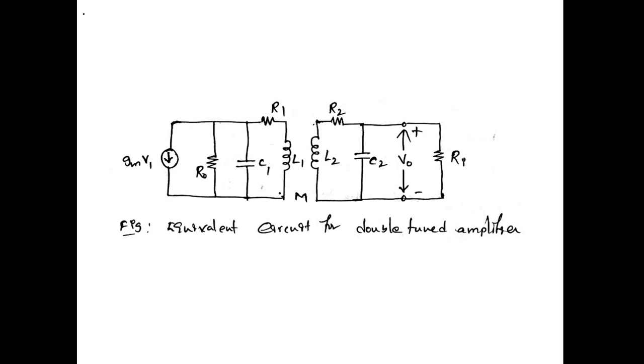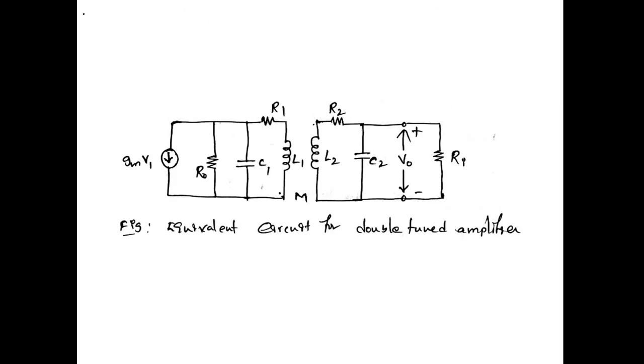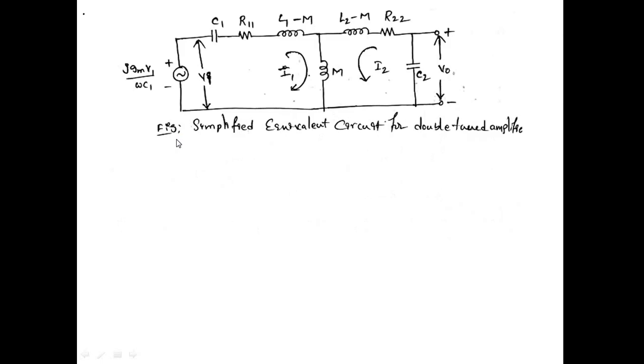Now let us simplify the circuit further. This is the equivalent circuit we are trying to draw. Now the current source we are replacing with a voltage source. Whenever you replace it with a voltage source, these elements come into series with the voltage source.